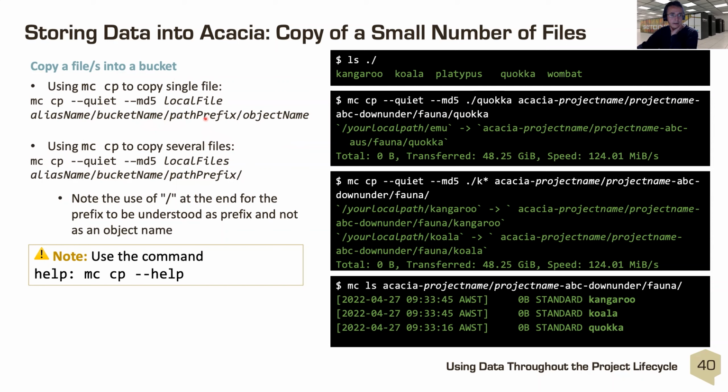So here in the syntax, you see alias name, bucket name, prefix. This prefix can have many slashes, and then the final object name. This can give you an idea of subdirectories inside the bucket. It is sort of a trick, but it is good to be aware that it is not really sub-buckets.